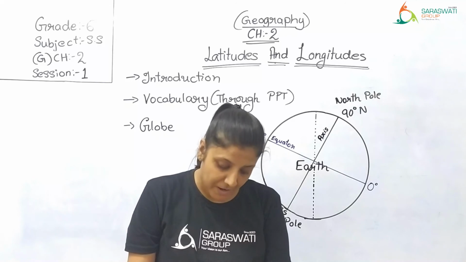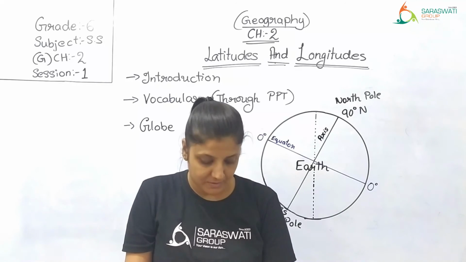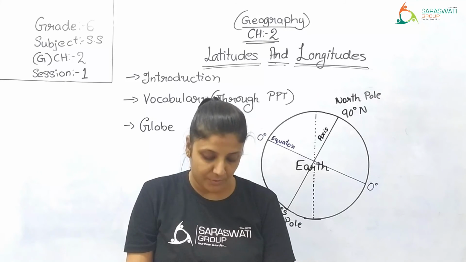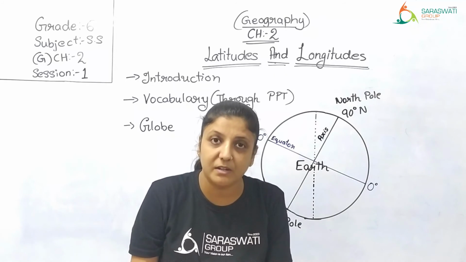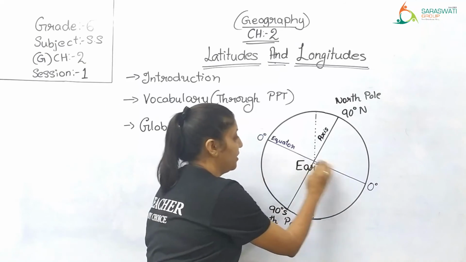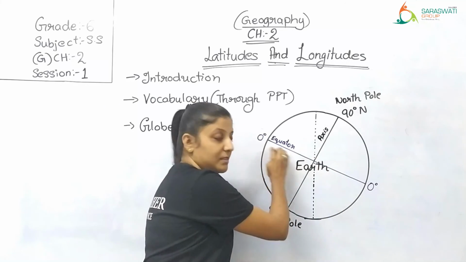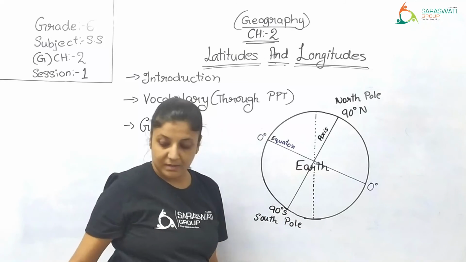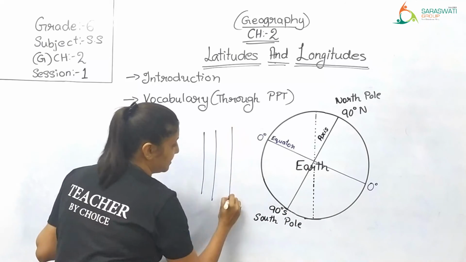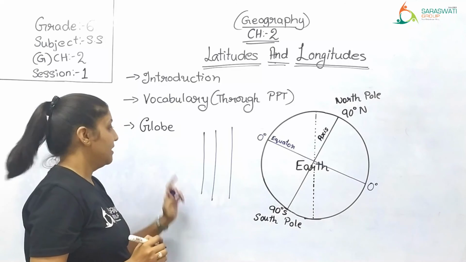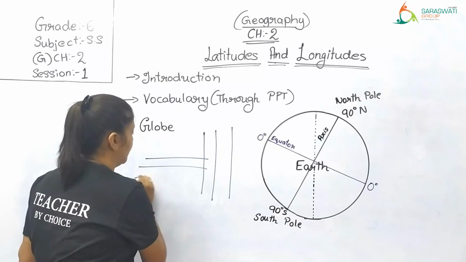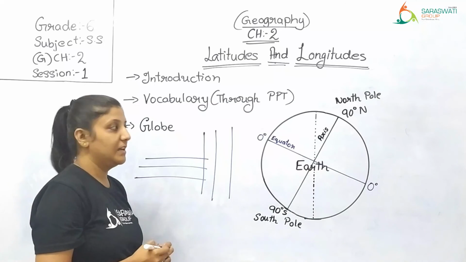Now, a set of imaginary horizontal lines drawn between two poles and parallel to the equator are called parallels of latitude. Horizontal means these lines are horizontal. See, the lines which are standing lines are called vertical lines, and the sleeping lines are called horizontal lines.